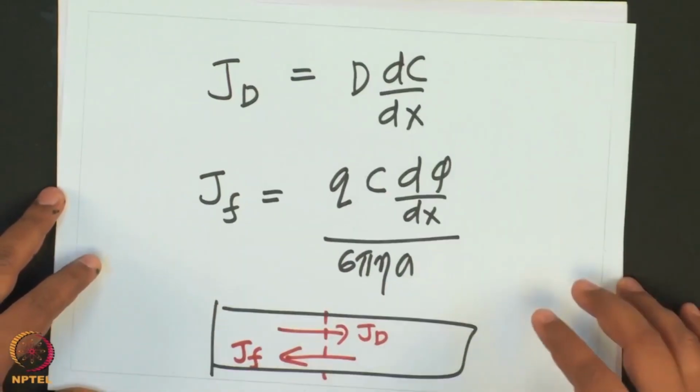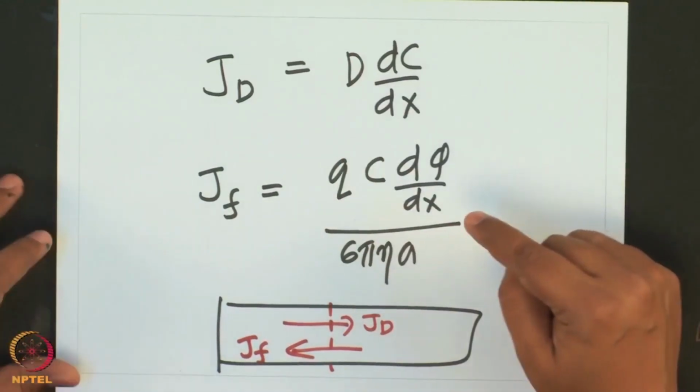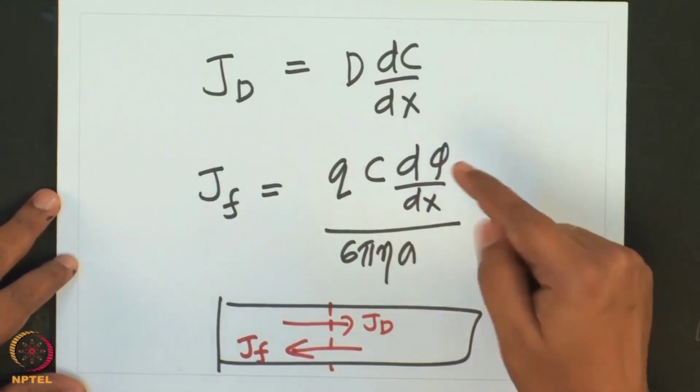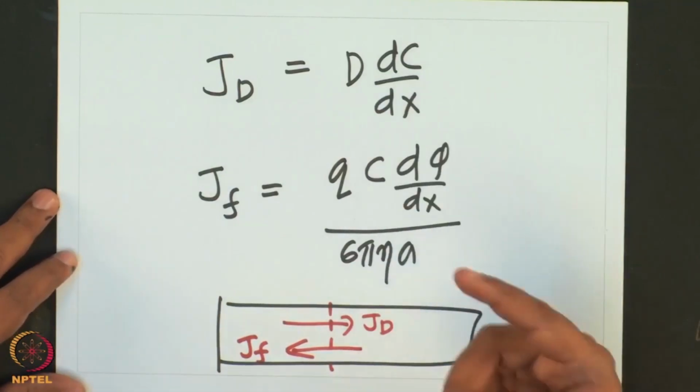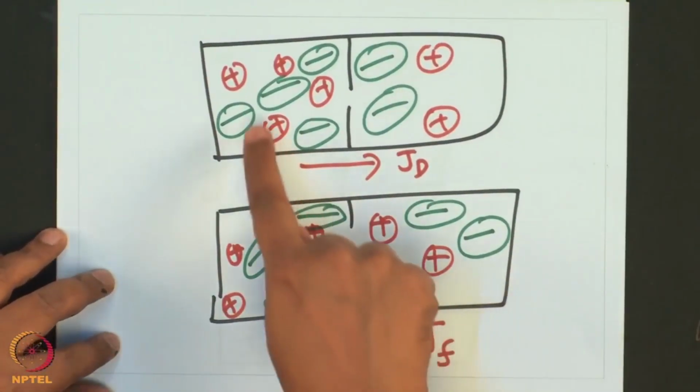So the direction is opposite, which we already saw. Now we want to equate the magnitude of these two currents and see what we get. If we equate these two currents, we would get an equilibrium quantity, and something will emerge. But the idea is simple, that there are two kinds of flows.